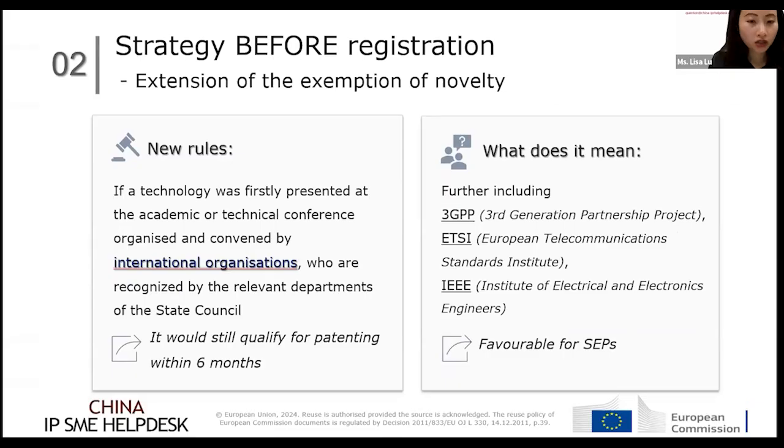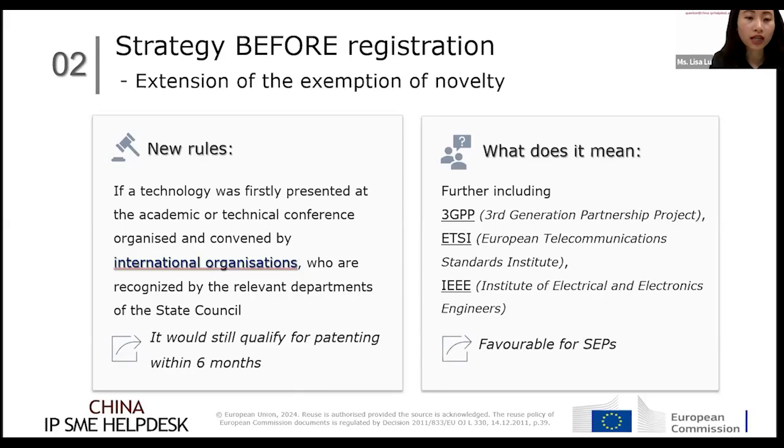In the past, if it was a conference recognized by the State Council or the national department or the Chinese academic authority, then it could satisfy the exemption of novelty. That is the past rule.